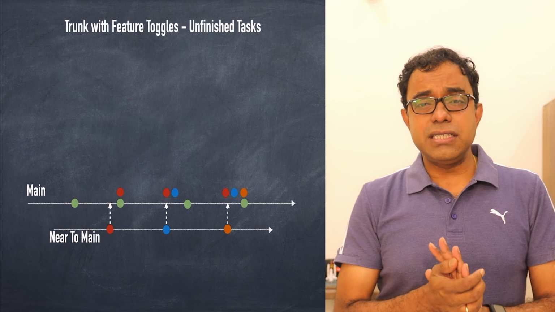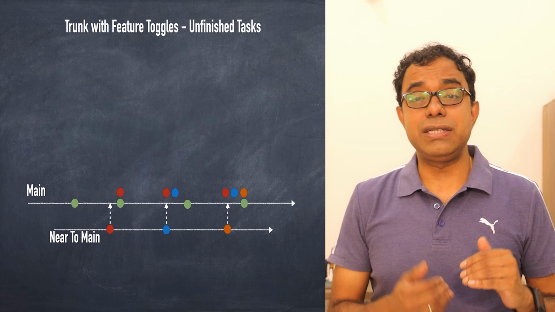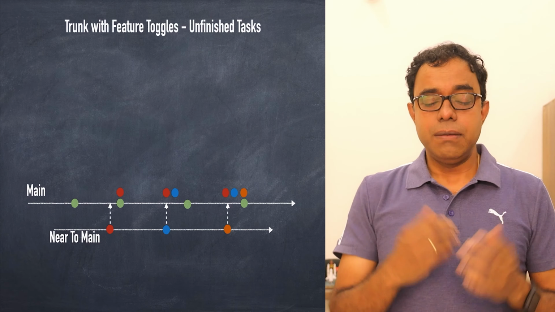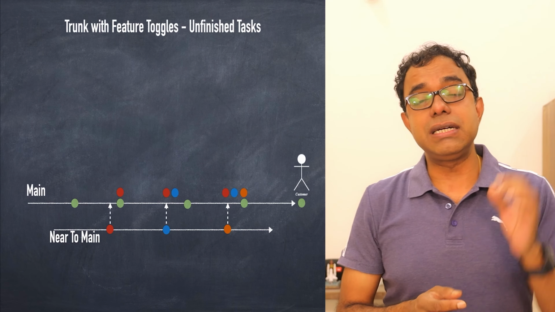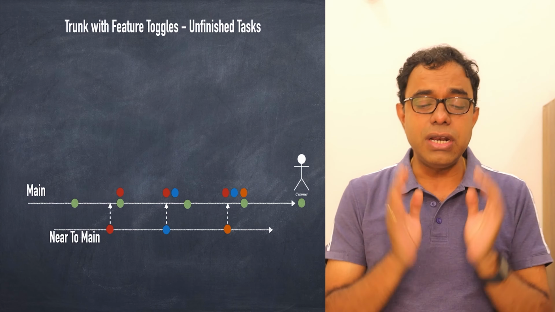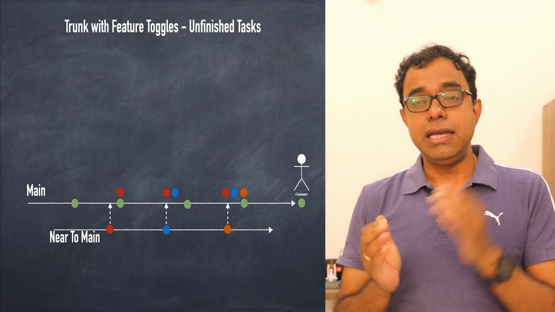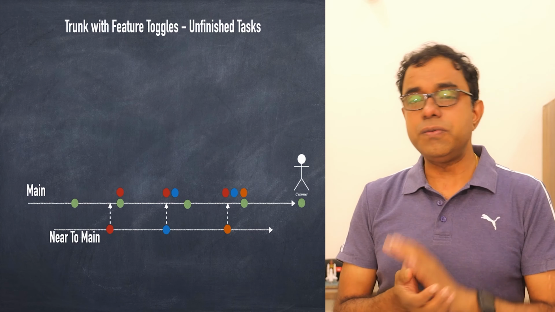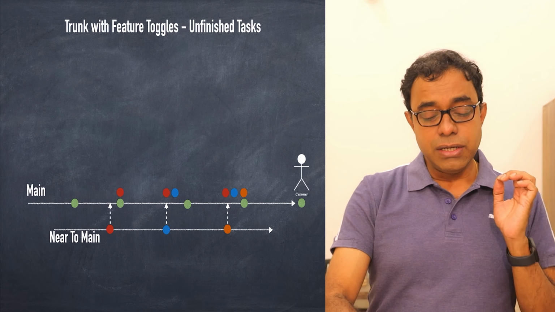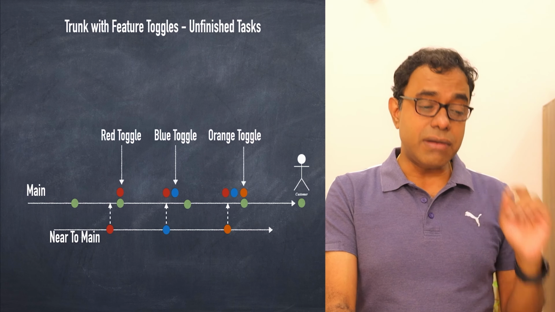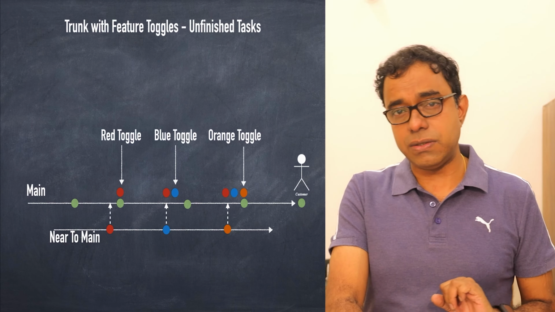As you can see in this picture, all these features are actually going to the main branch. But it is still possible that the customer or the end user only gets the green feature which was already there, even if all these three new features are in the main branch, because of toggles called red toggle, blue toggle, and orange toggle.